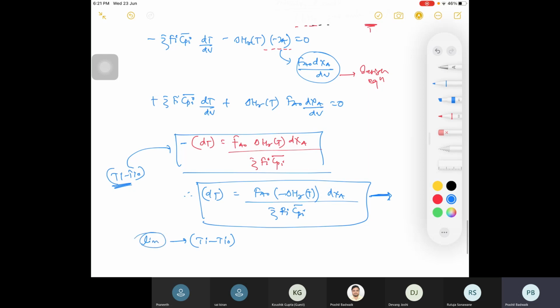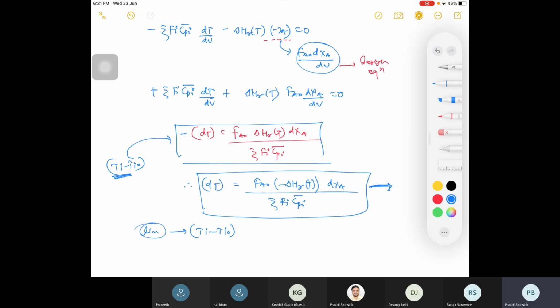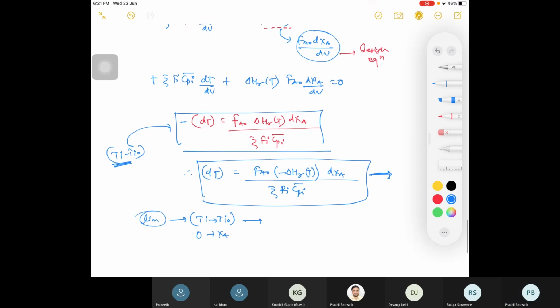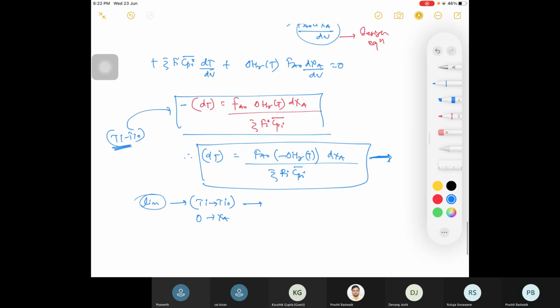What will the limits be, Ti to Ti naught, and what is your XA? That is 0 to XA. Sorry, please change here. It is your Ti naught to Ti, right? Initial to final temperature. That is your Ti naught to Ti and 0 to XA. Please put the limits and calculate what is your equation.